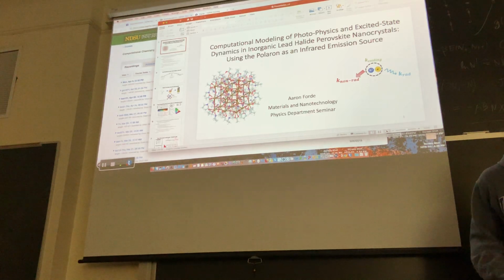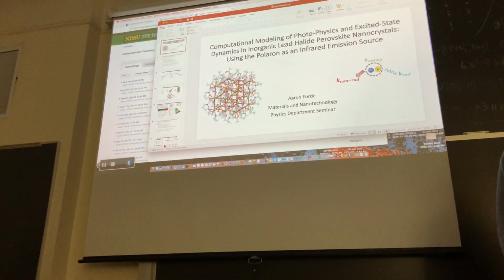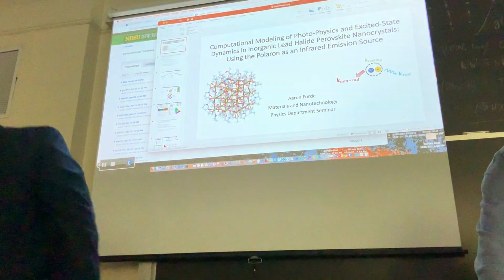So I'll try to understand it in the language of physics. The polaron you're talking about is some defect level at about 0.2 eV below the conduction band minimum and above the valence band maximum, right?